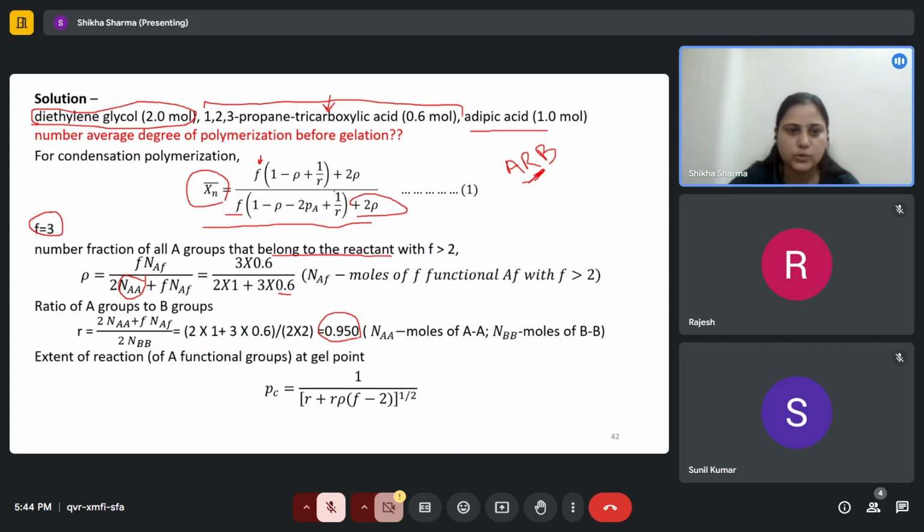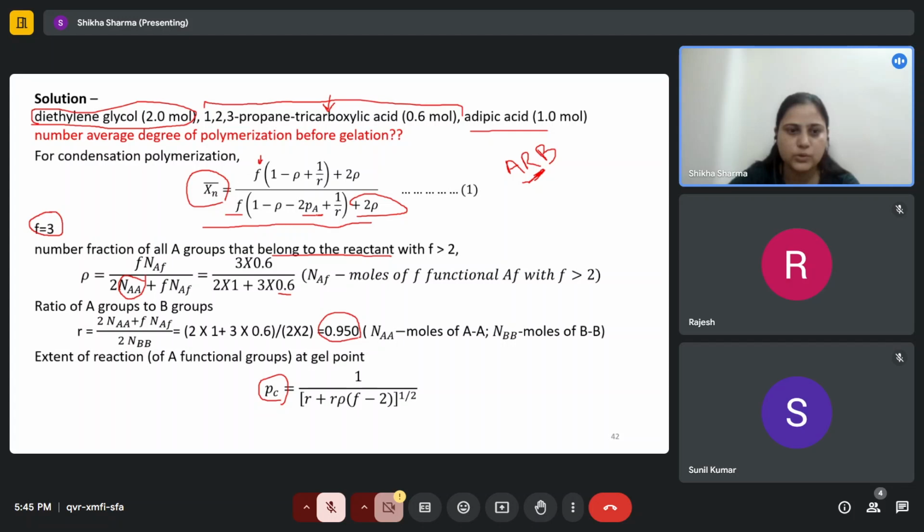From this equation, now we need to know the extent of the reaction at the gel point, right? Which is here in the equation of number average degree of polymerization, it is written as 2Pa or 2Pc we can write, which is the extent of reaction. So in this formula for the number average degree of polymerization, we know the F value as 3, 1 minus rho we have calculated already, right? 1 upon R, which is the ratio we have already calculated, plus 2 rho F in the denominator, which is divided by F, 1 minus rho minus 2 PA.